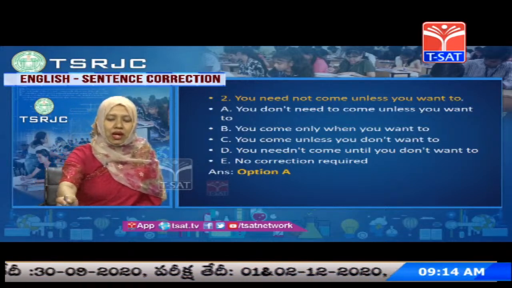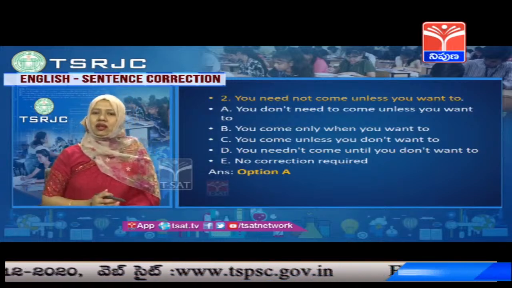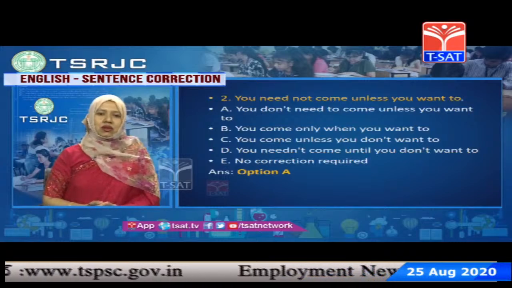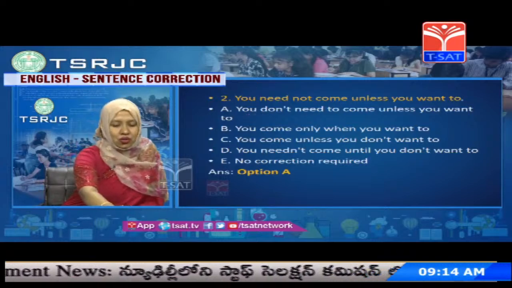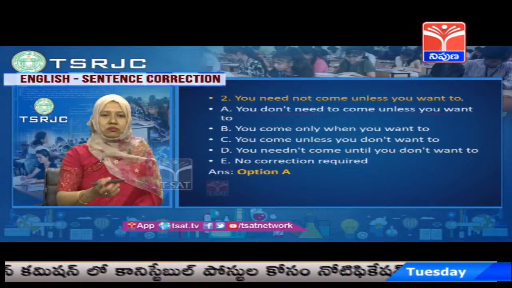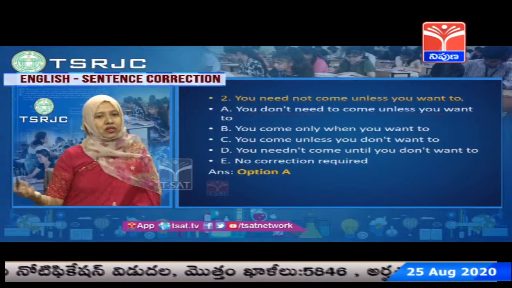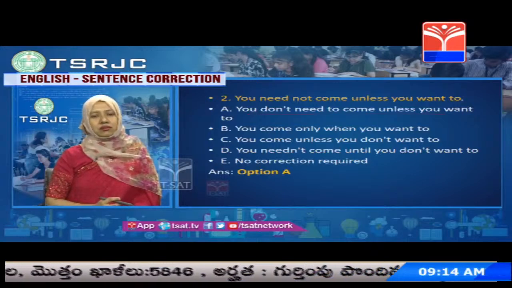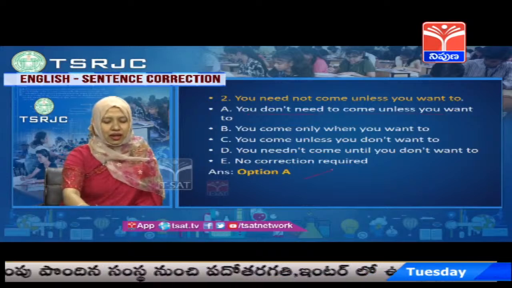You need not come unless you want to. That means, if there is no work, there is no need of coming. So, which sentence tells us that? The first sentence, you don't need to come unless you want to. If you want to come, if there is a need, you can come. But if there is no need, do not come. So, that is the meaning. Option A is correct.